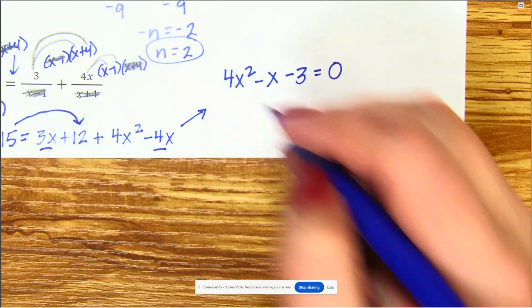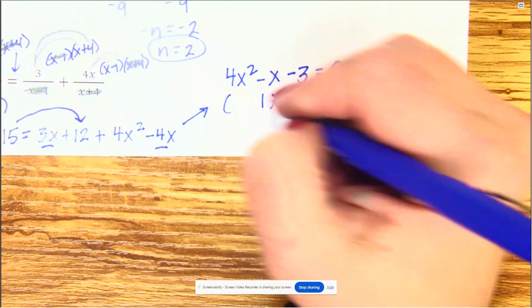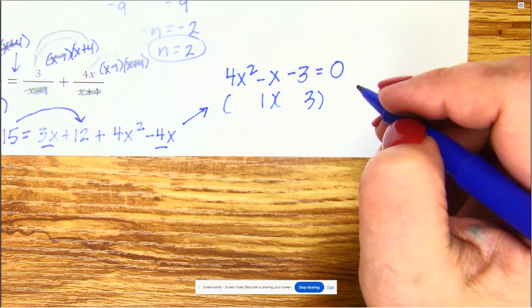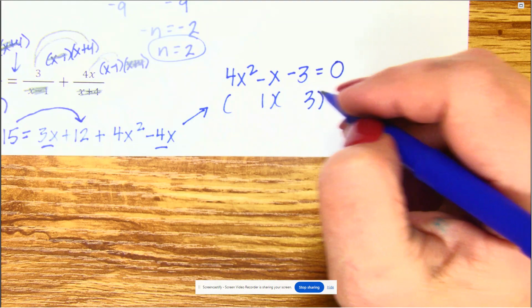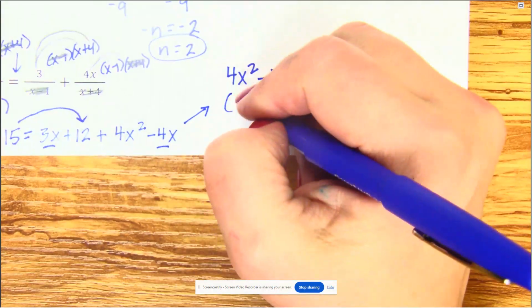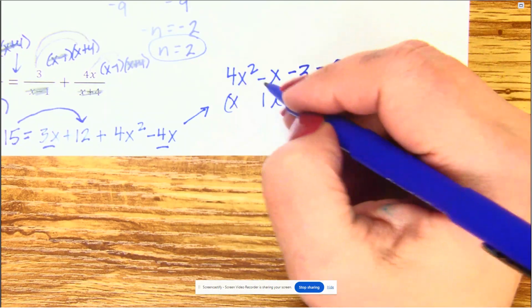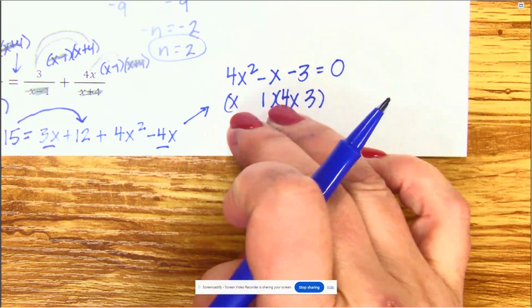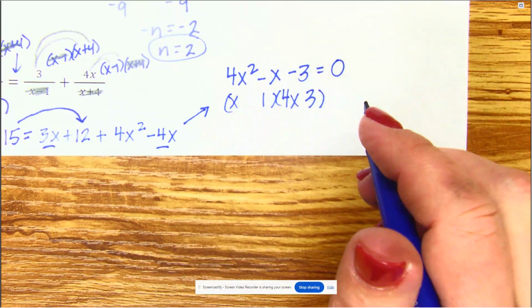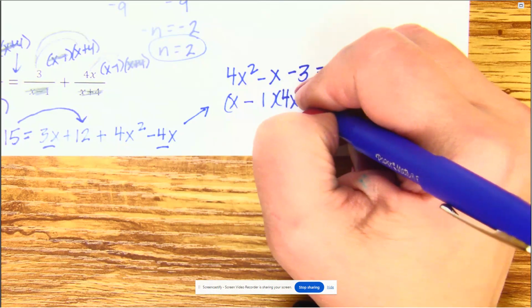I'm going to try factoring. I know this is 3 and 1, maybe the other way. Yep, it is. I could put the 4 here, so this is 4 and 1. Let's see. 3 and 4 make 1. Yep. I need negative 4 and positive 3.